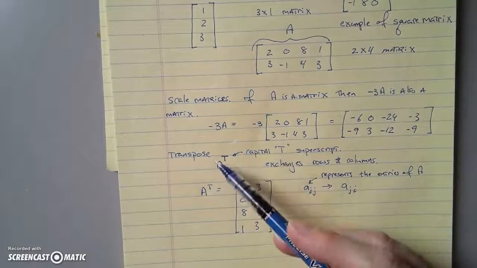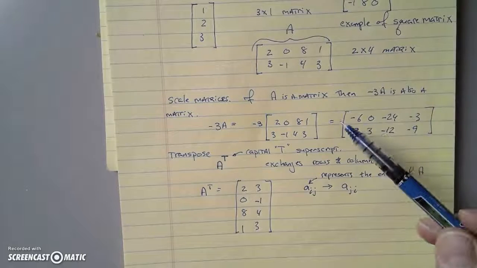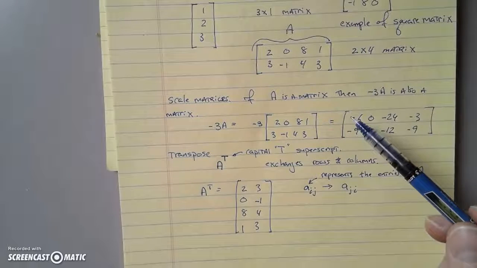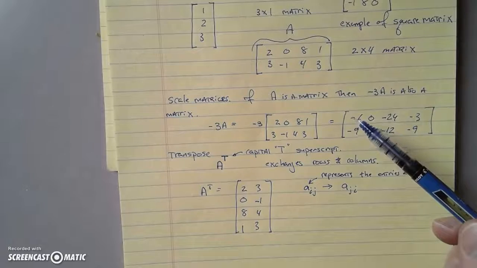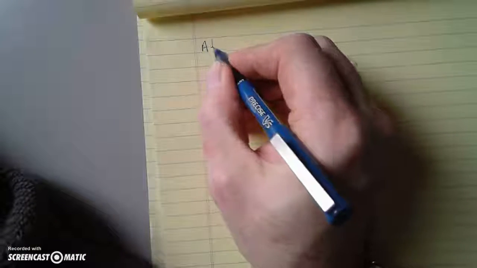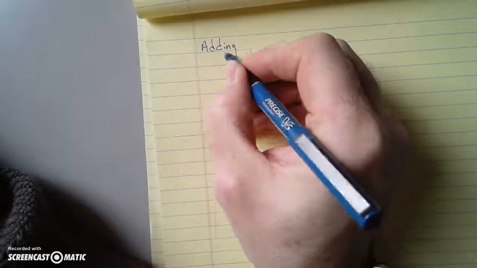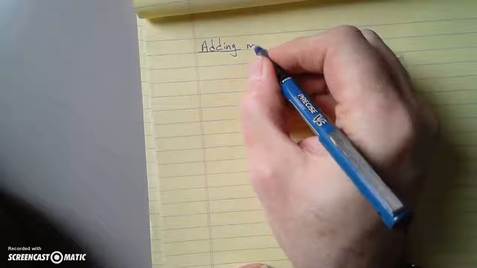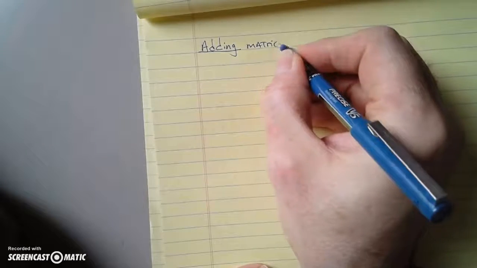So scaling and transposing, these are operations you can do to any matrix. There are some operations you can only do to certain matrices, like adding. Adding matrices is wicked easy. It's just like adding vectors. You add component-wise.